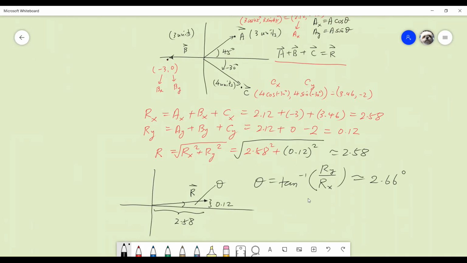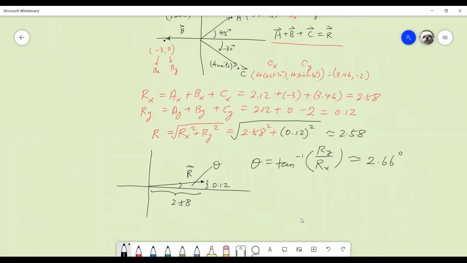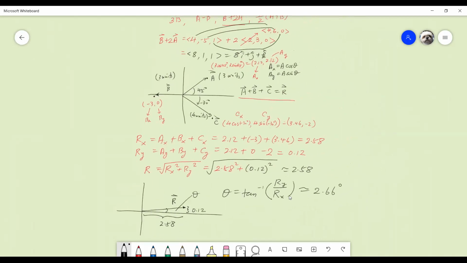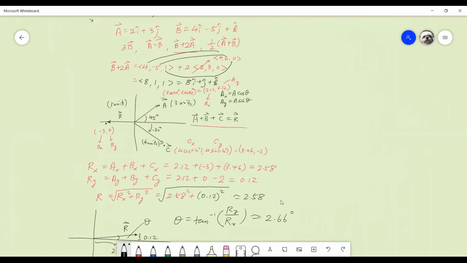You got it? Now, another way to do it, you can use the IJK notation, right? So what is the IJK notation I'm talking about? You can write A as, B is, and what is C?